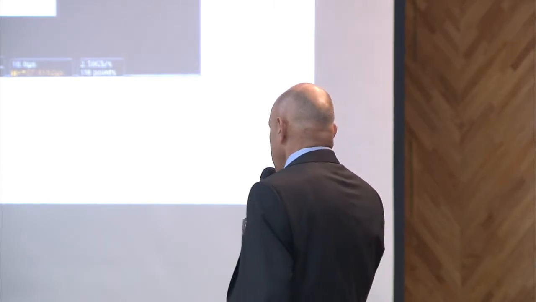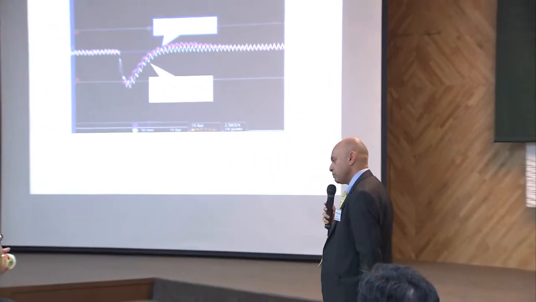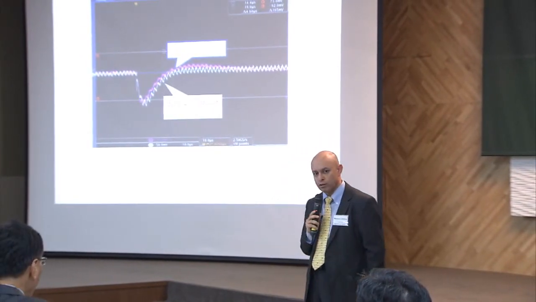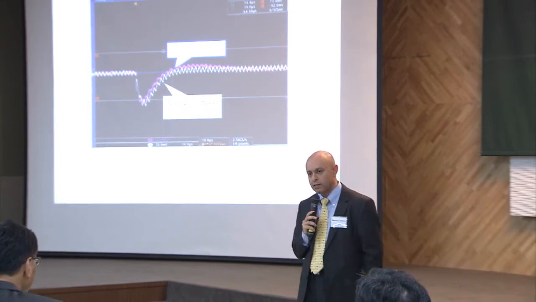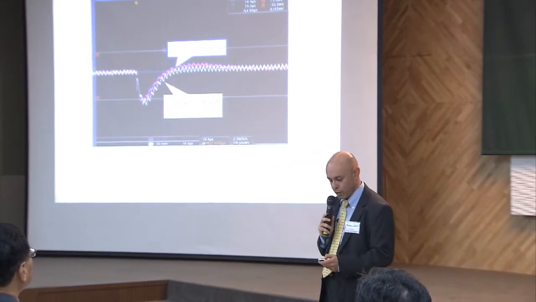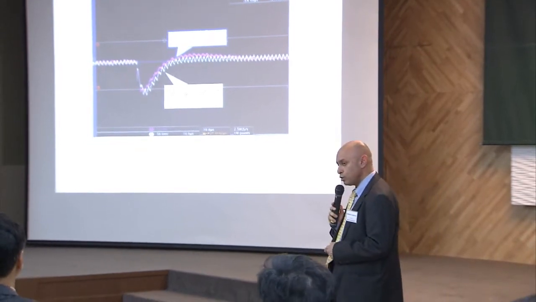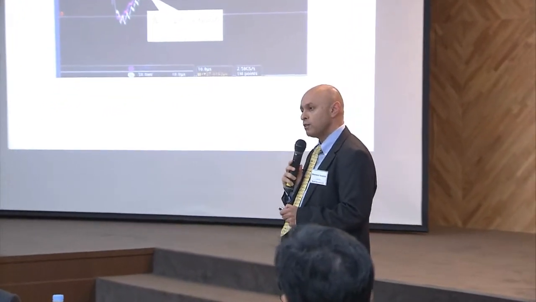Now, here is the load transient response performance of the chip, compared to an analog controller. We programmed the chip to have the same transient response as a typical analog controller, and you can see that the transient responses are almost identical. But what we can do with the digital control loop is program it for nonlinear gain control.